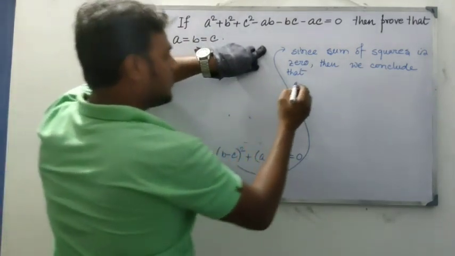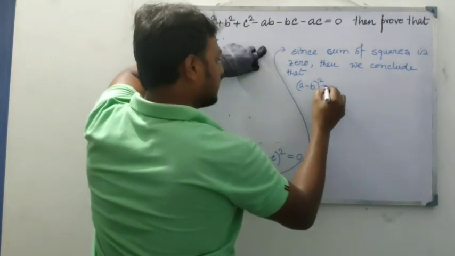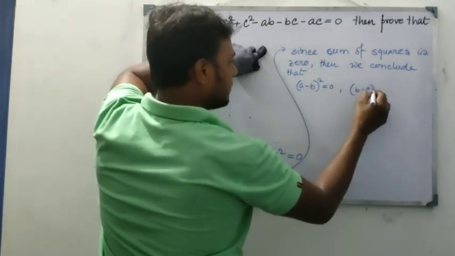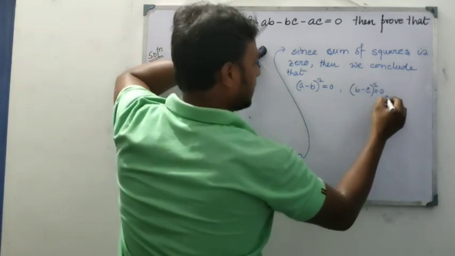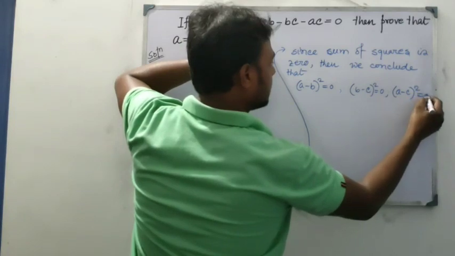That means a minus b whole square 0, comma b minus c whole square 0, comma a minus c whole square also 0.